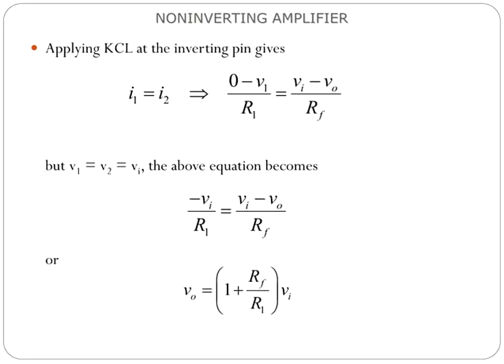According to virtual grounding, V1 will be equal to Vi, since the positive terminal is connected to the input voltage Vi, and hence the node voltages V1 and V2 are equal. Substituting this V1 value and V2 value in the above equation, we will get an output voltage of V0 equal to 1 plus Rf by R1 into Vi.